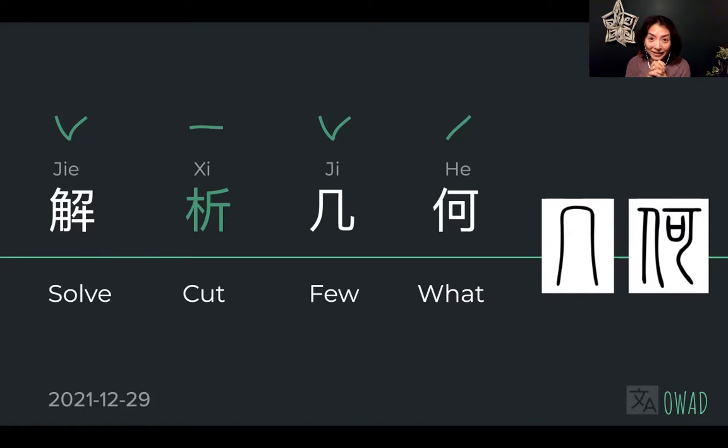This number n looks almost like this Chinese character 几, except it has this little tail to tell you this is not an accidentally drawn arch. This is a character, and that means we don't know how many, but a few of them.